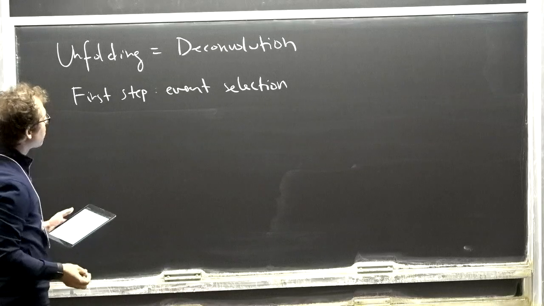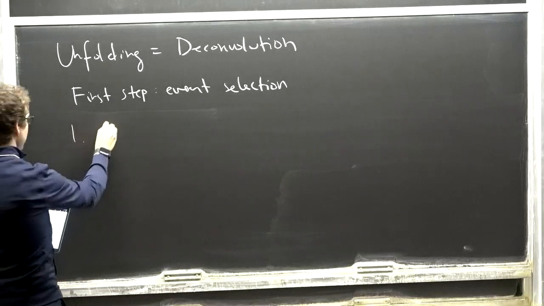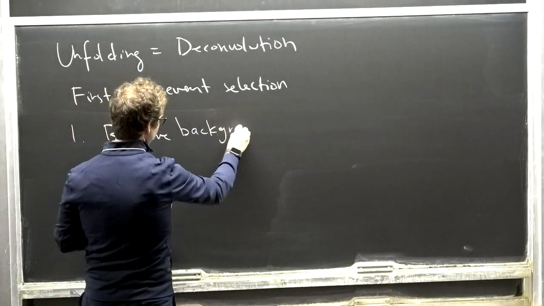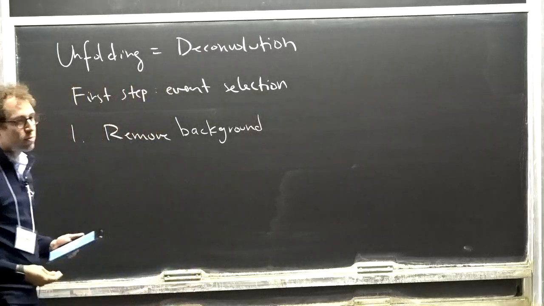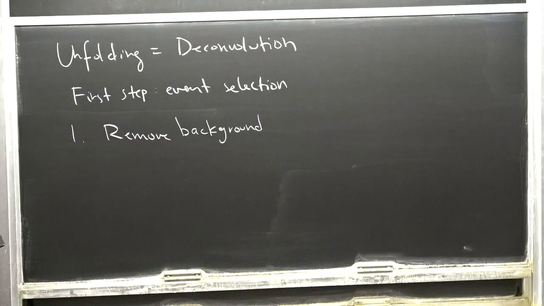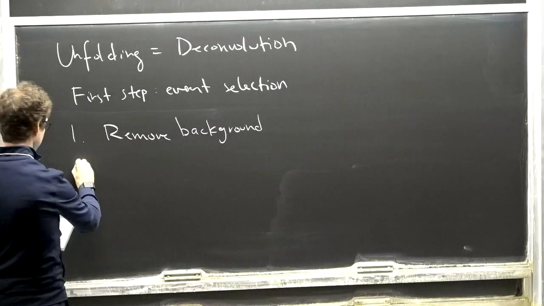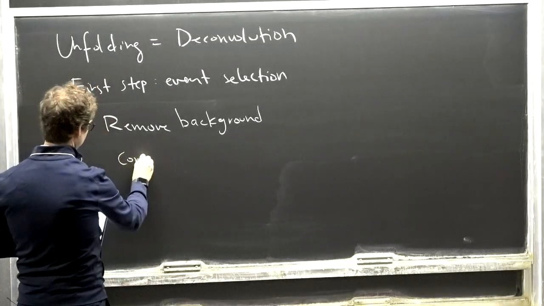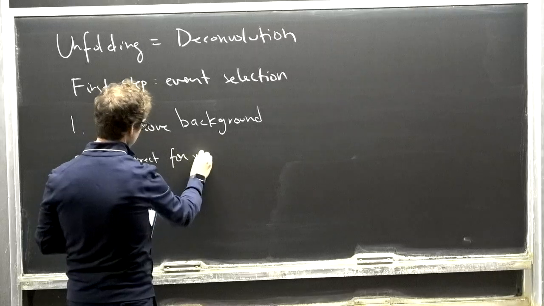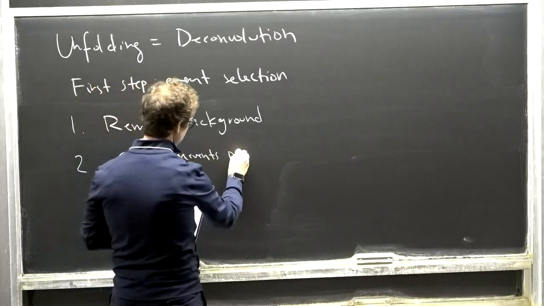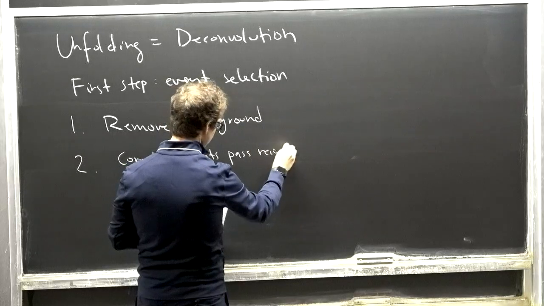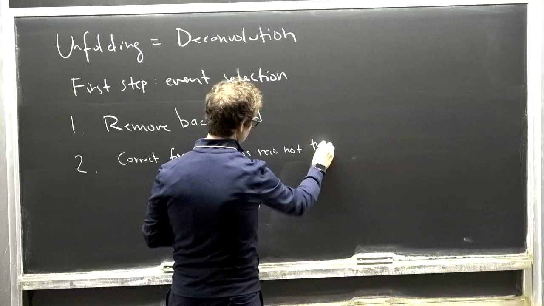Unfolding has to do four things. One, it has to remove the background, because the calculations that we make are always with respect to some process. If there's another process in the data that you don't care about, you want to remove it before you unfold. Two, we need to correct for events that pass reco but not truth.